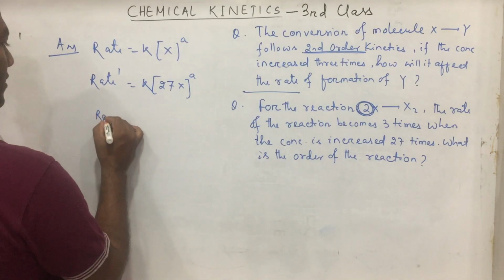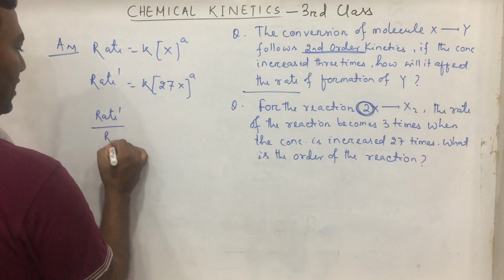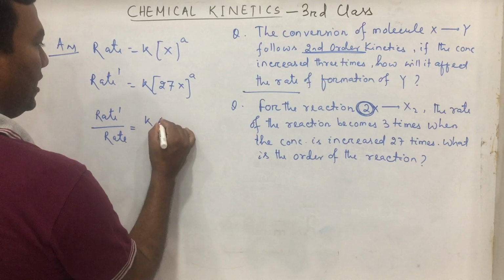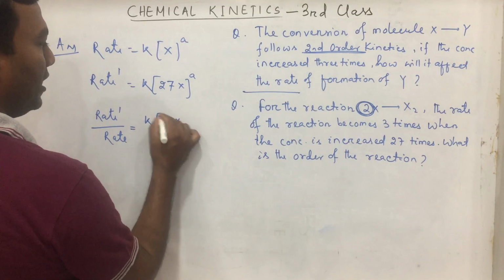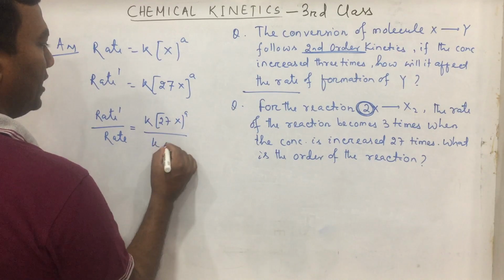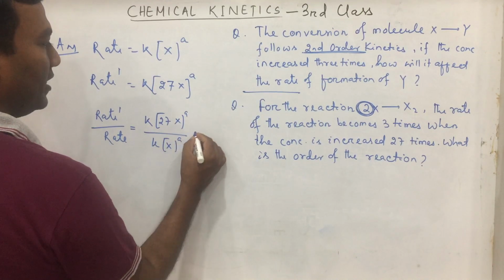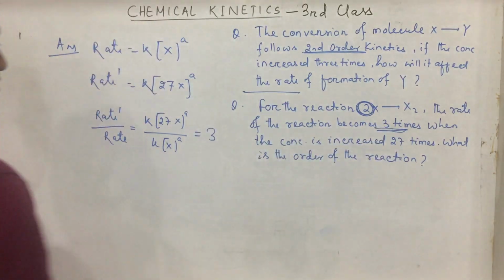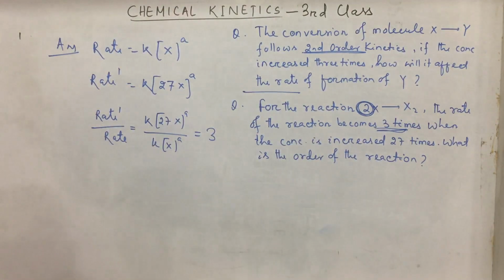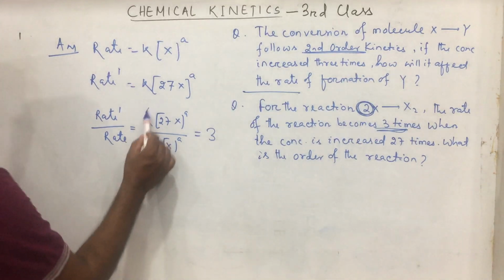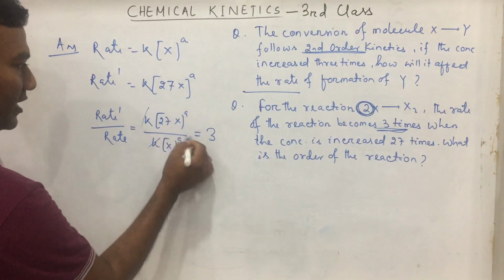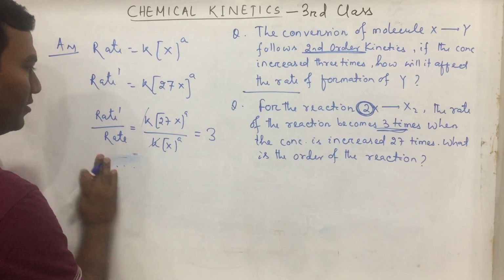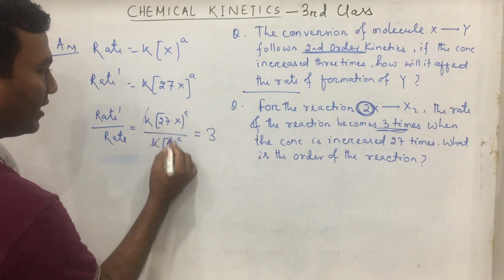Question is given: rate dash by rate means k into 27x to the power a by k into x to the power a. This value increases how many times? Now it becomes 3 times. So we have to solve for the value of a. You see, k cancels.